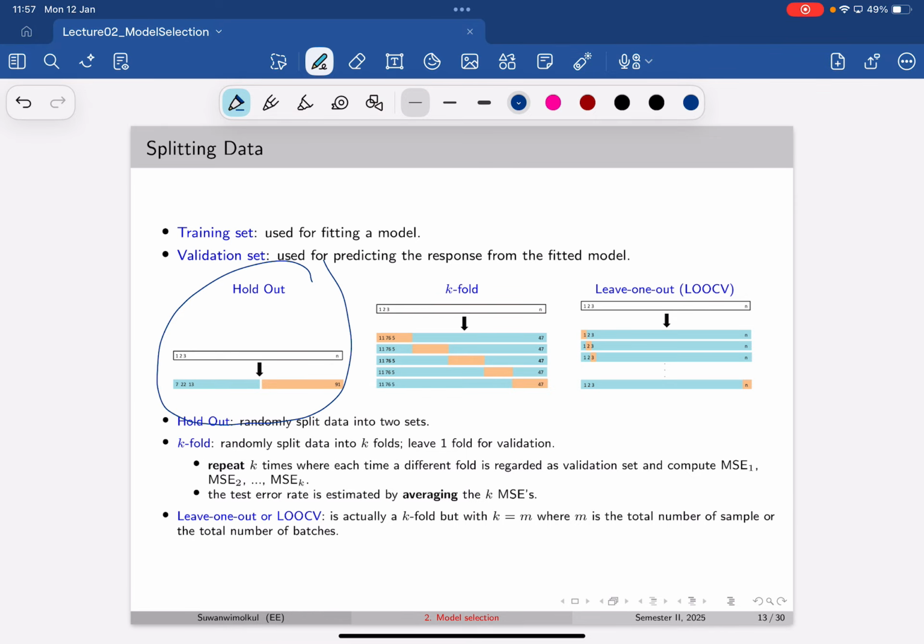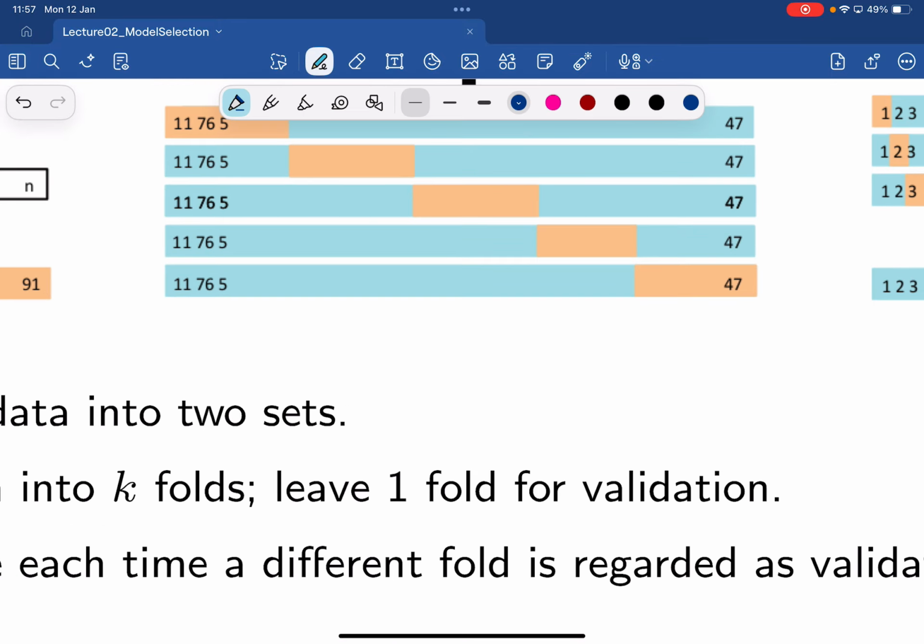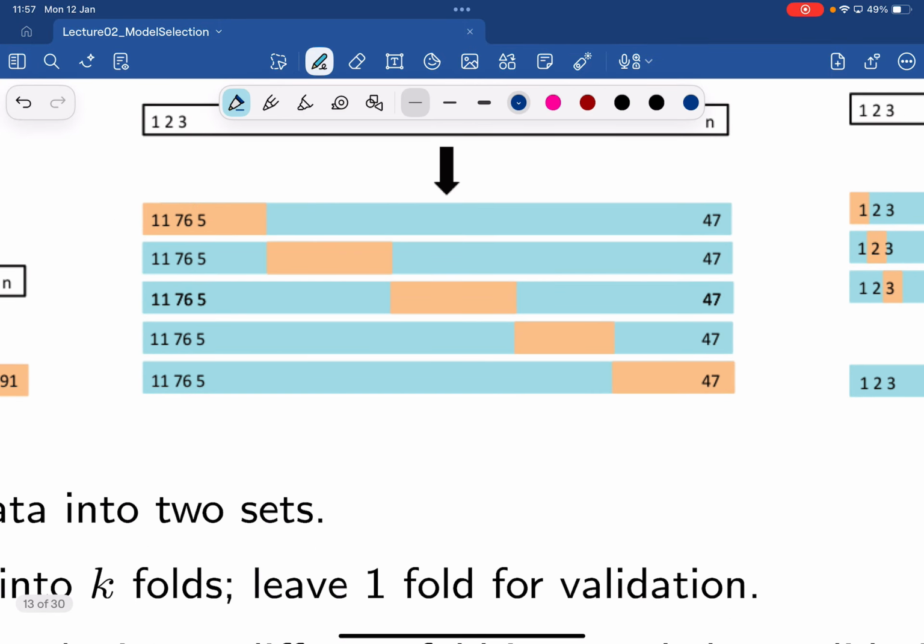But for k-fold validation, which is what I will ask you to do in your homework, you have different ways to shuffle your validation and training. In other words, this is the first trial that you shuffle your data.